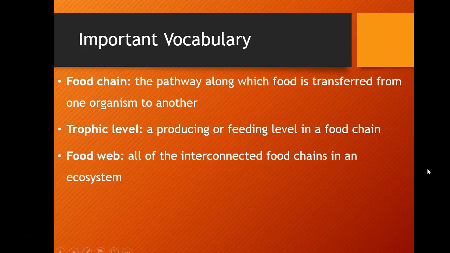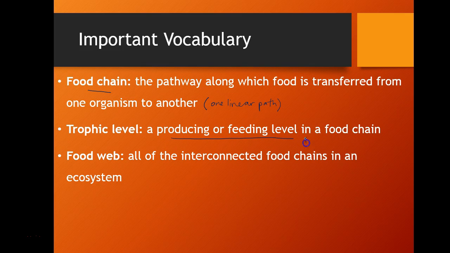Here is some important vocabulary that you need to know from this lesson. We have food chain, which, remember, is the pathway along which food is transferred from one organism to another. Remember, it's only one linear path. We talked about trophic levels, which again is the producing or feeding level in a food chain.